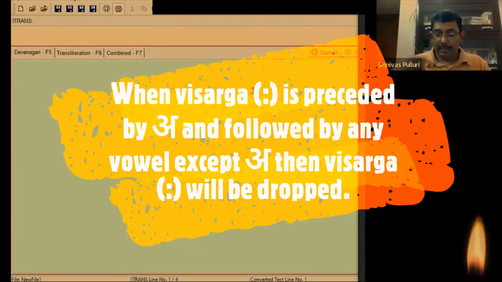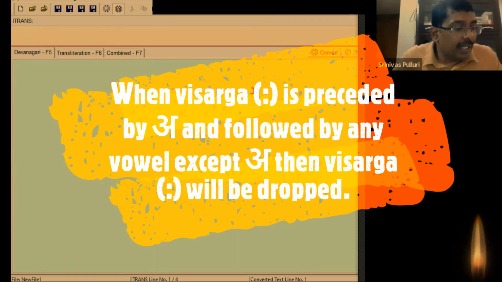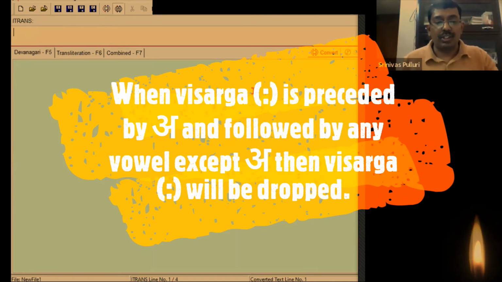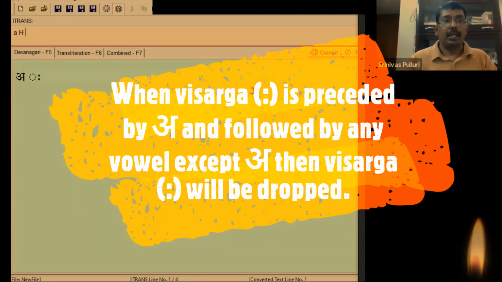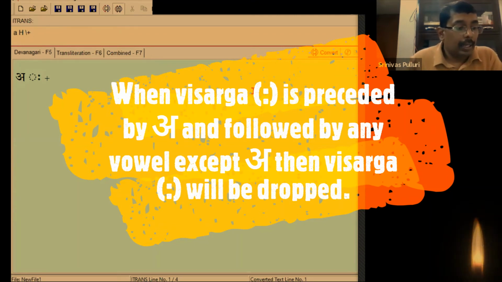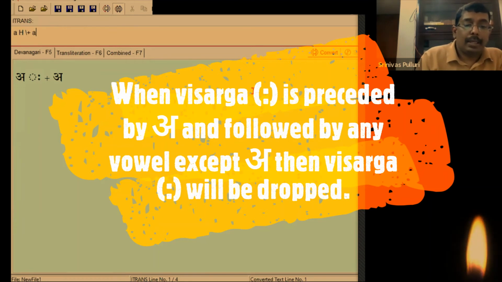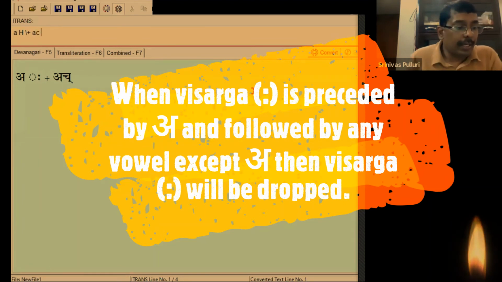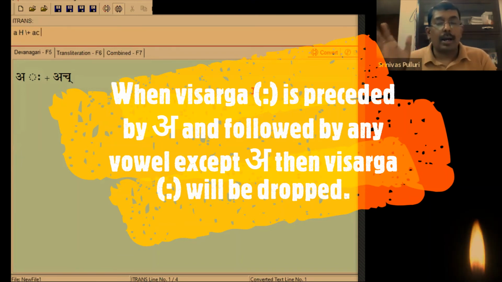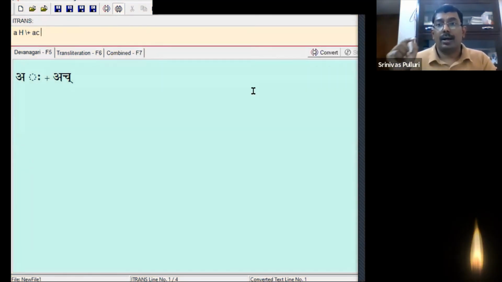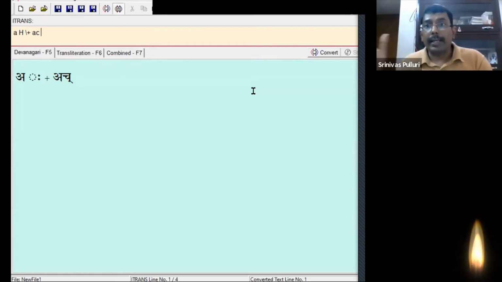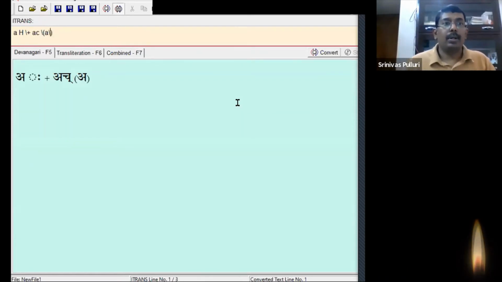Now the second situation is if visarga is preceded by a, just a, and followed by any vowel, but within the bracket you have to write other than the short a. Not a. So a can be there but not the short a. So I can put minus here. Minus a.